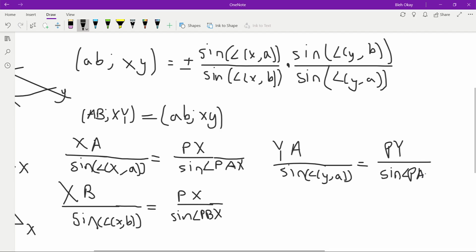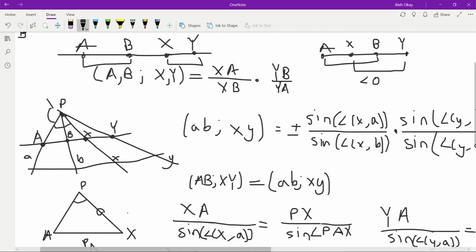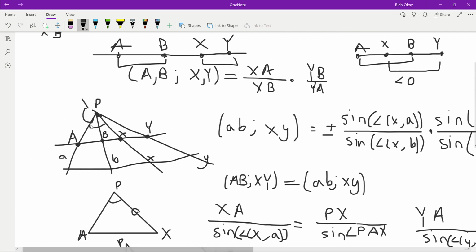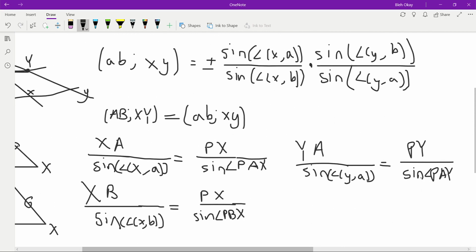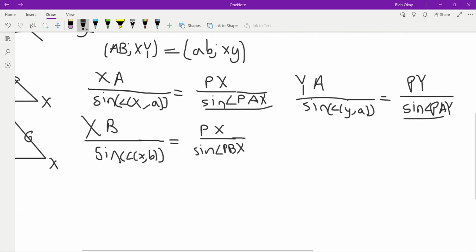So here I'm just replacing X's with Y's. But PAX is this angle here. And that's exactly the same as angle PAY. So these two sines are equal because the angles are equal. So they will cancel out whenever we take this cross ratio.